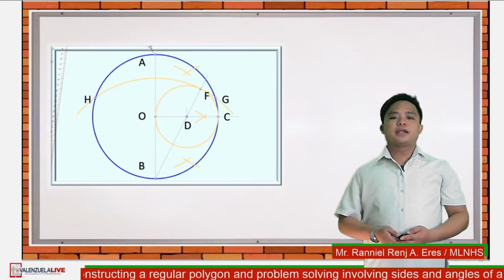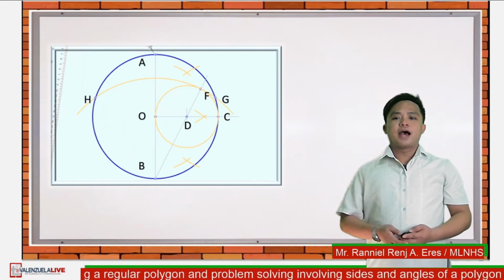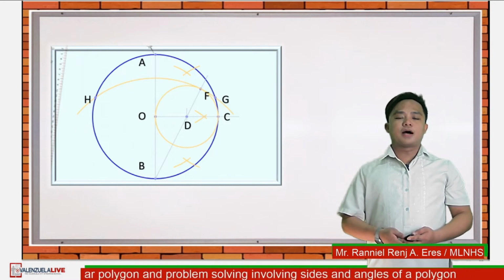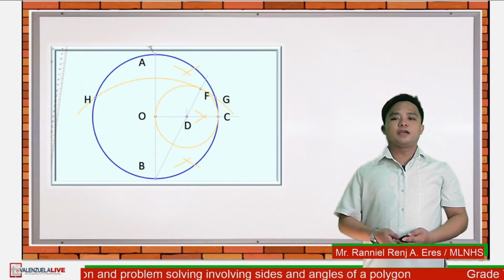Next, measure the arc AG and use it to draw arcs crossing the circle.